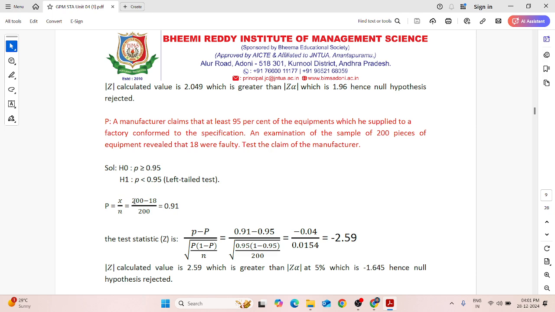That's why we are deducting. If you take 18 by 200 directly, it will be wrong, because in this problem it is stated that 95% of the equipment supplied meets the specification. So out of the 200 sample, 18 were faulty, and the balance proportion which meets the specification is 0.91. So small p is 0.91, and 95% is the standard.